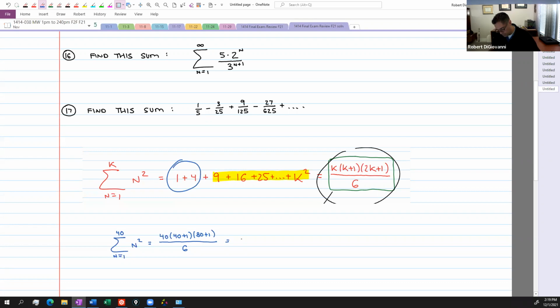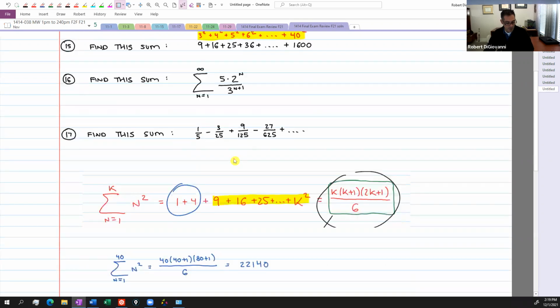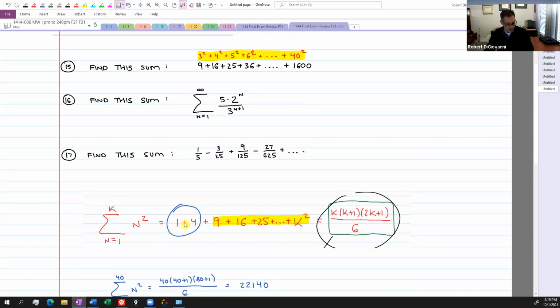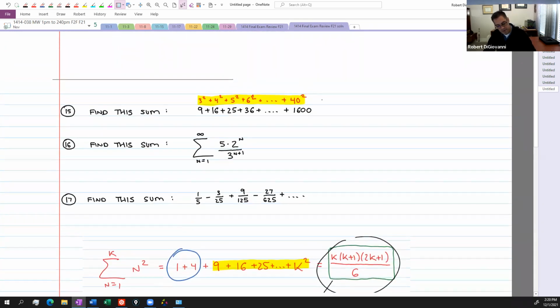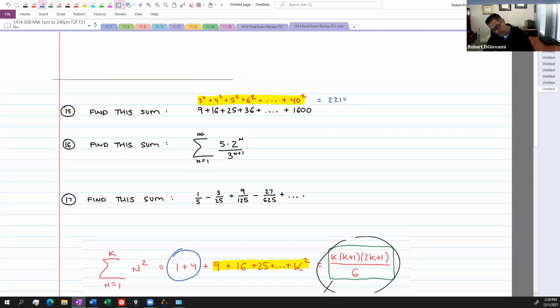This should be equal to 22,140. That's what would happen if you added 1 squared plus 2 squared plus 3 squared out to 40 squared. We only wanted to go from 3 squared out, so we'll need to take away these first 2. So our answer here is going to be the 22,140, but then take away the first 2, which was 1 squared plus 2 squared, and then that will give us 22,135.